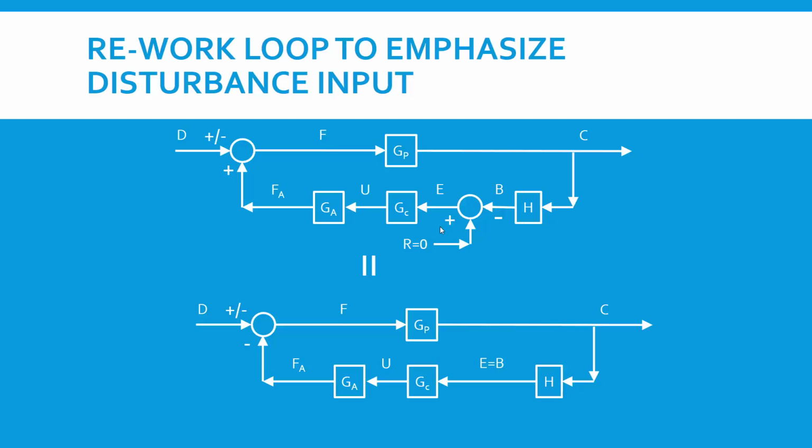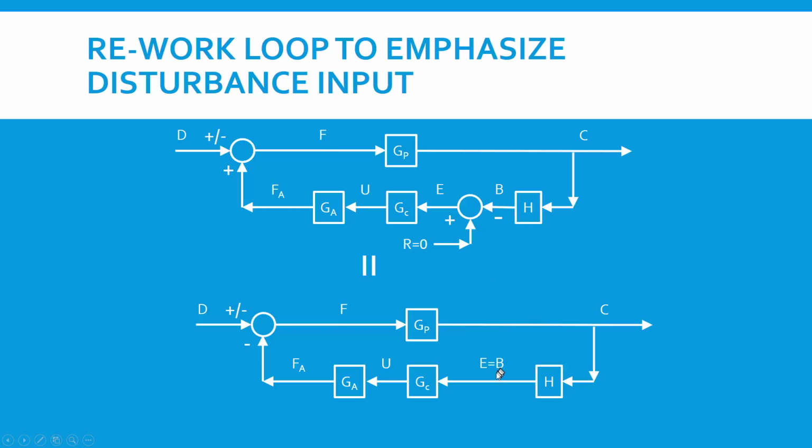And so the error is equal to the measured value. But in the original loop, when this signal came through here and entered the comparator, there's a sign change for B. So if B had been 1, when it comes into the comparator, it becomes -1. And we have to preserve that action.